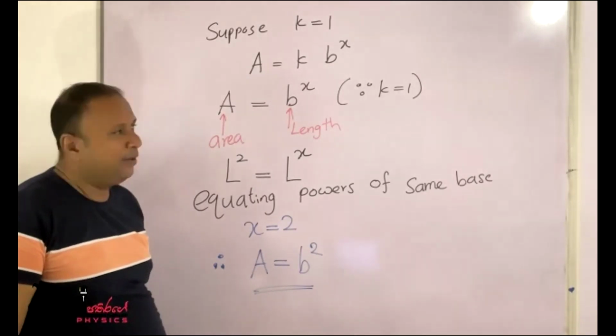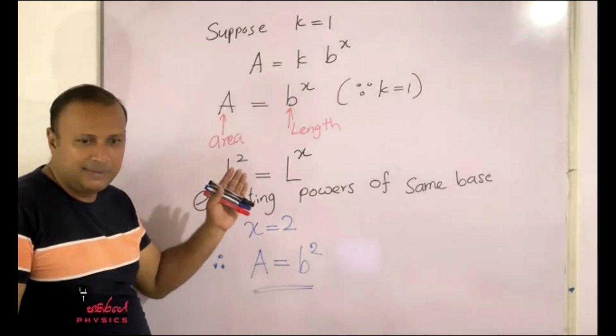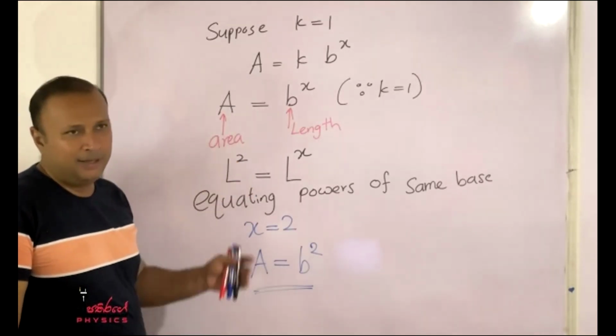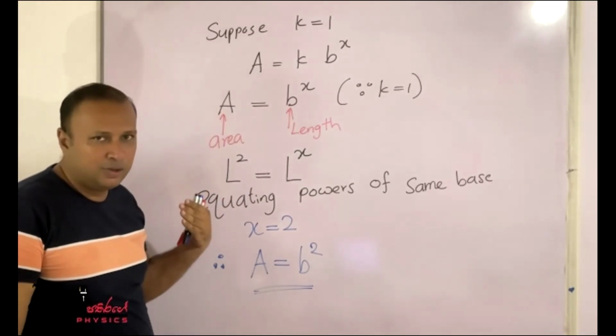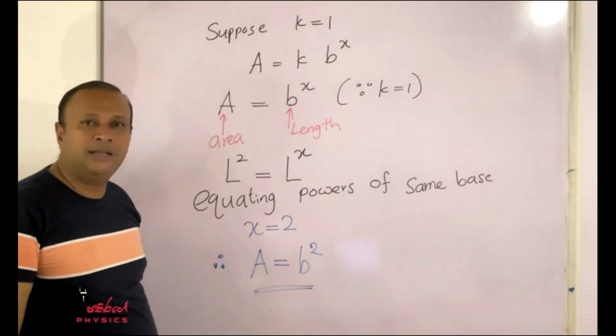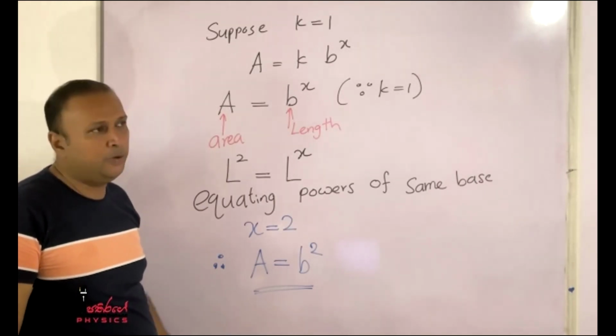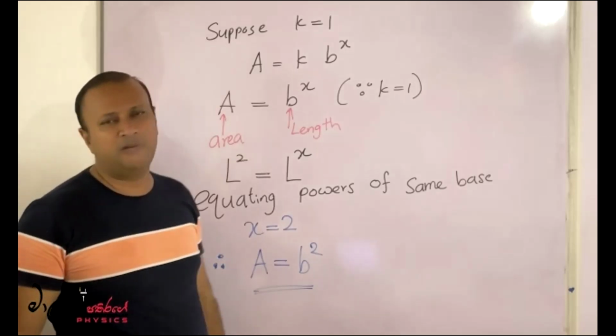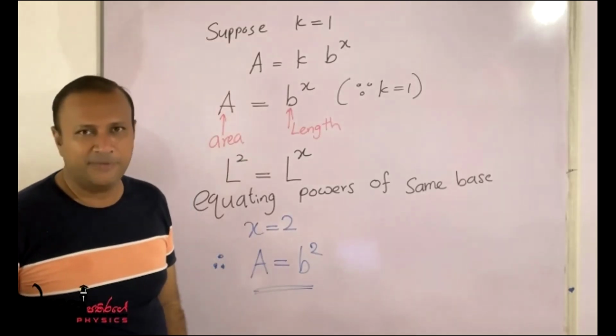The first logic is the assumption. I have assumed the given two physical quantities have a direct proportionality. But I don't know about the power. I can assume whatever the power.